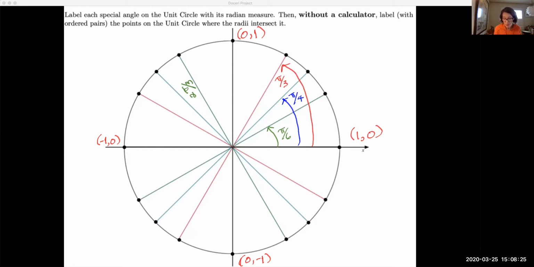The other thing I want you to do is fill in the coordinates of those points. Remember, the coordinates of those points are now just the cosine and the sine. So for pi/6, and we've memorized those, we should remember the cosine is √3/2 and the sine is 1/2.